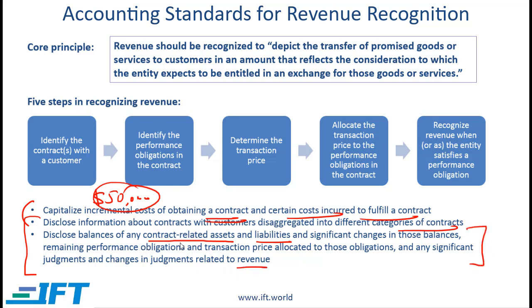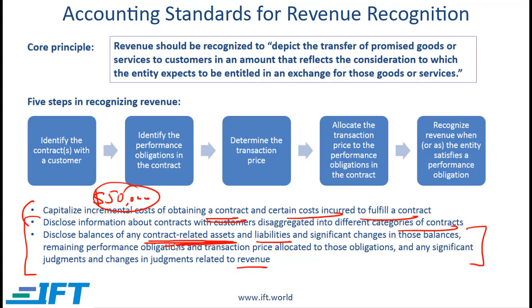The curriculum doesn't spend much time on this, but very briefly, contract-related assets. So there might be situations where a company has delivered a performance obligation, has recognized revenue, but not created an accounts receivable yet. So until the time that the accounts receivable is created, a contract-related asset can be created, which eventually then gets converted into an accounts receivable.